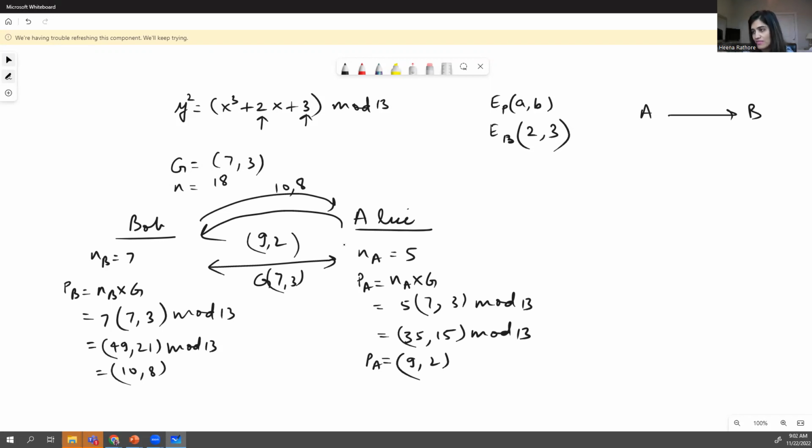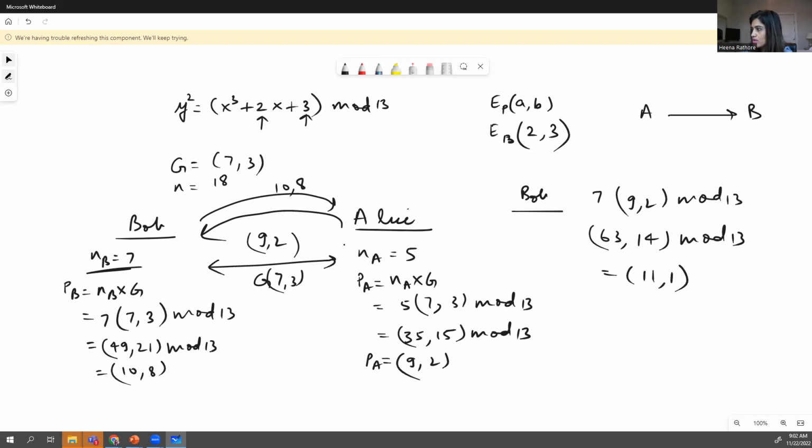So Bob, on receiving 9 comma 2, which is P of A, multiplies it with its own private key, which is 7. So this is Bob: 7 times 9 comma 2 mod 13. You do 7 times 9, 63, 7 times 2, 14, mod 13, and you will get the value 11 comma 1. Similarly, Alice receives 10 comma 8.